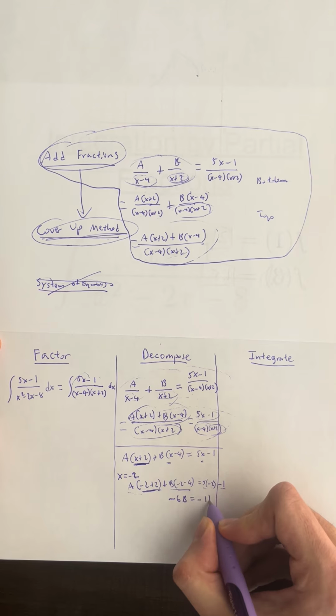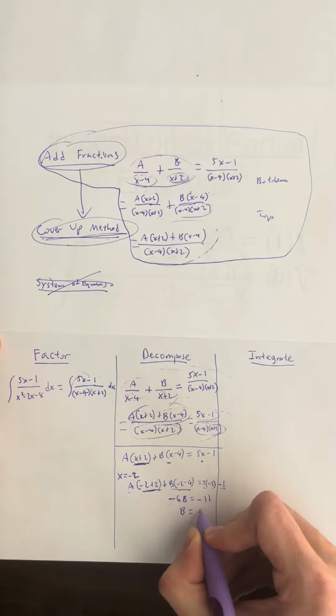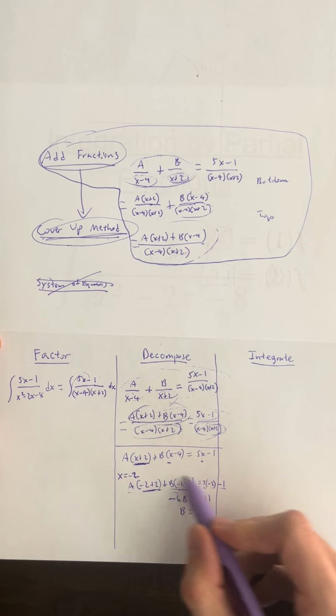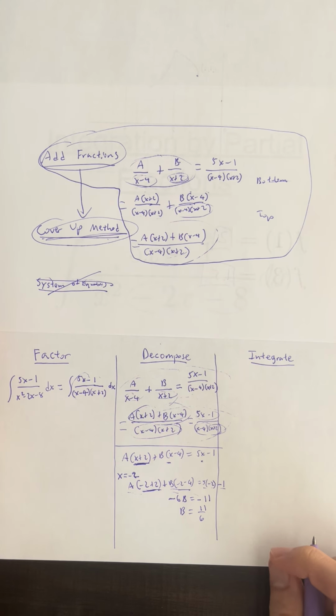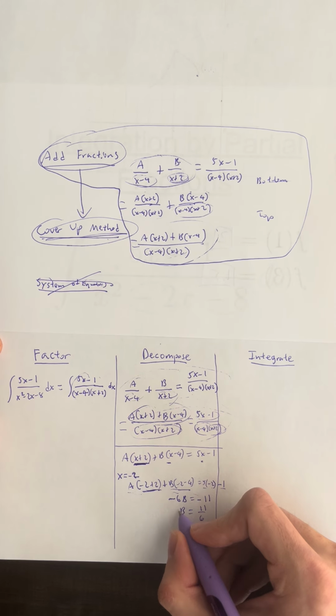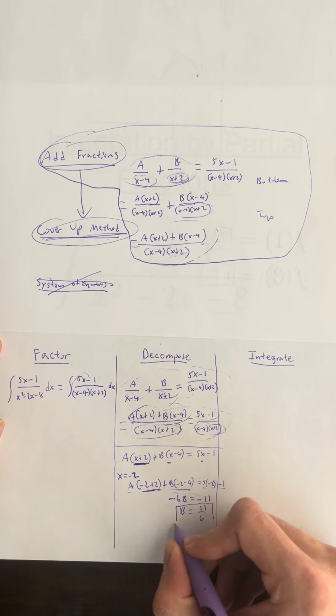We're left with a much simpler equation than before. Okay. So we turned this into 0 to figure out B.